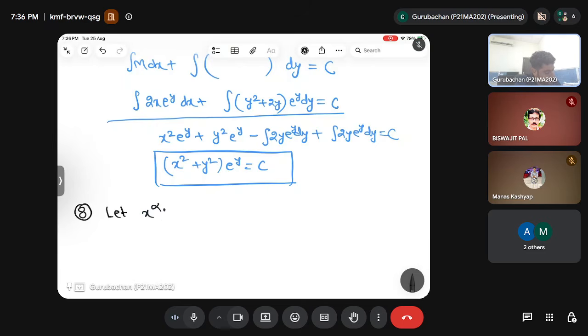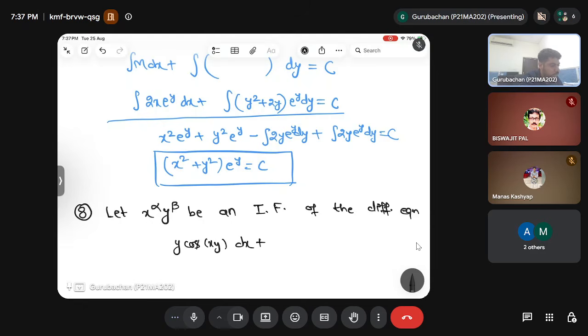Let x to the power alpha y to the power beta be an integrating factor of the differential equation y cos of xy dx plus x cos of xy dy.